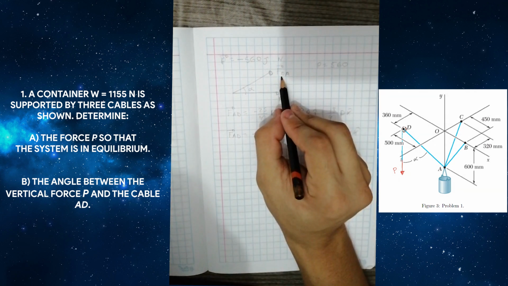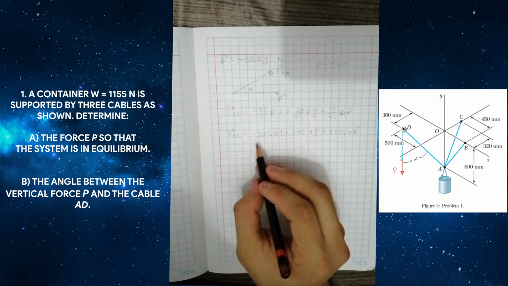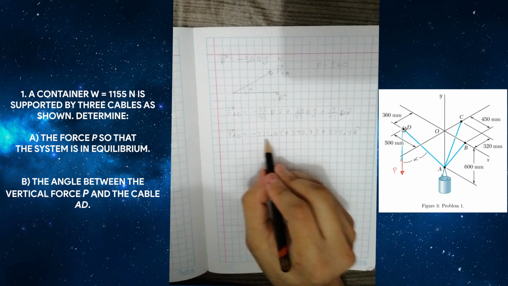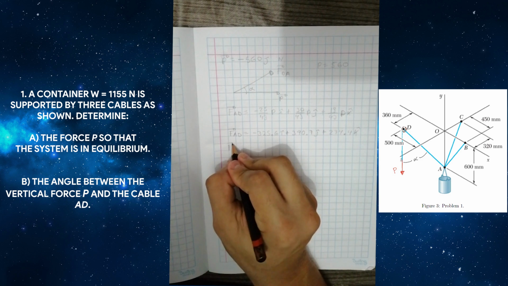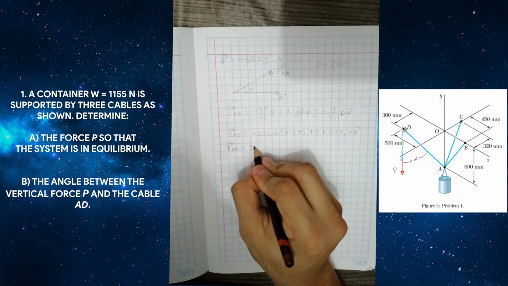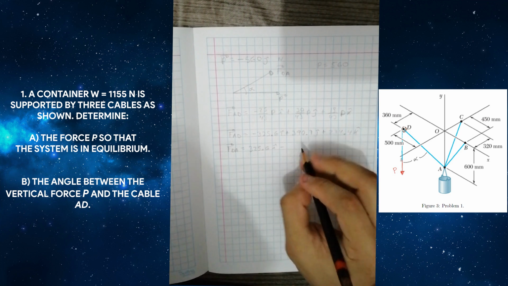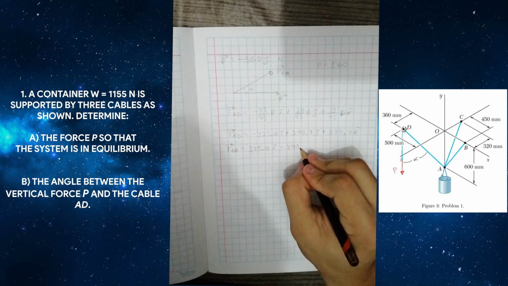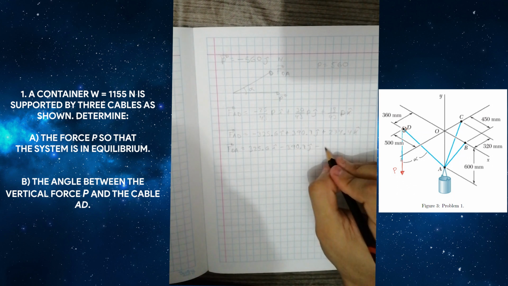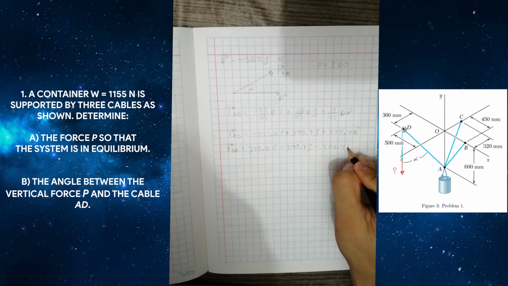To get this force DA, we only need to invert each component. That is 325.6 i minus 390.7 j minus 234.4 k.